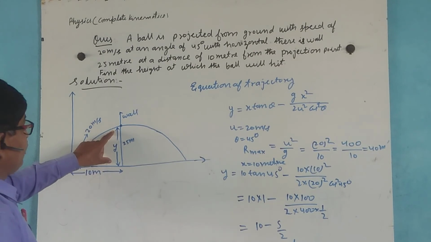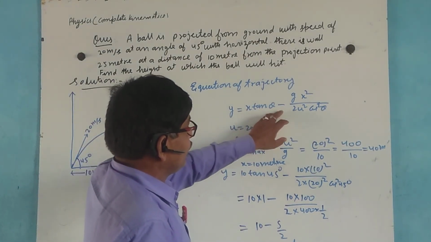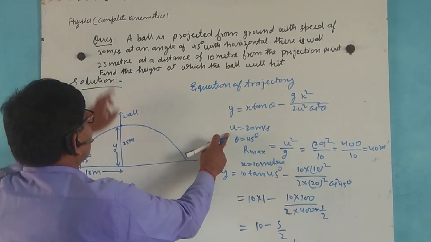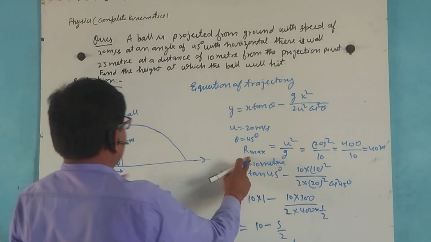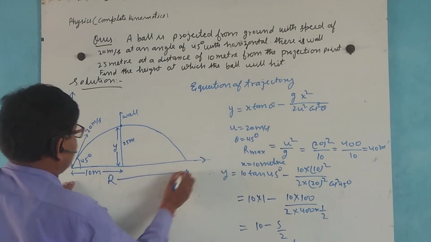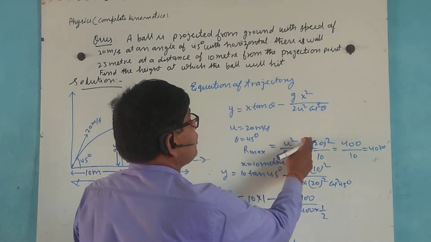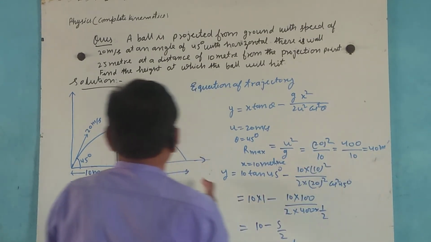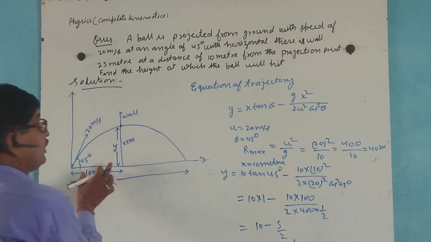Now the equation of trajectory, as we know, is y equals x tan theta minus g x square over 2 u square cos square theta. Here u is 20 meter per second. The range here, R max equals u square by g, so 400 divided by 10 is 40 meter. This range is 40 meter and this is 10 meter.